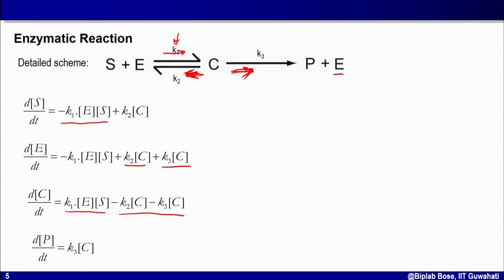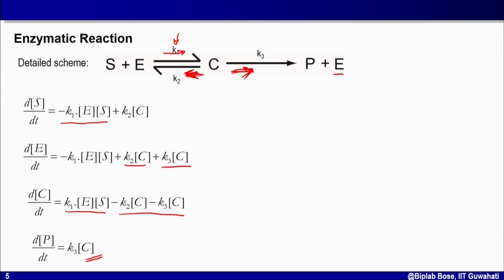Now let us look at the product. Remember, look into the scheme. Product is formed only by this unidirectional process from C to P. So it is simple. dP/dt, the rate of change of concentration of P, is equal to K3 into C. That's all. I have written down the ODEs for all four dependent variables S, E, C and P. Now remember, in this case it is a bit different for the enzyme.